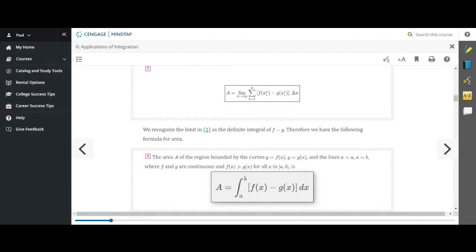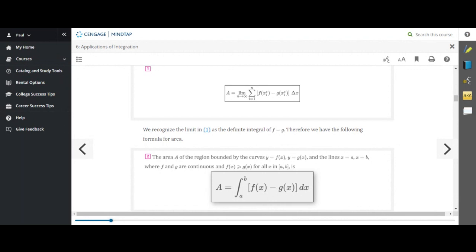Yes, Thomas. Sorry, this might be a redundant question, but I noticed in the formula above n is approaching infinity, so it's becoming more and more accurate, and in the equation on the bottom there's an a and a b value. Is that situational to each question?